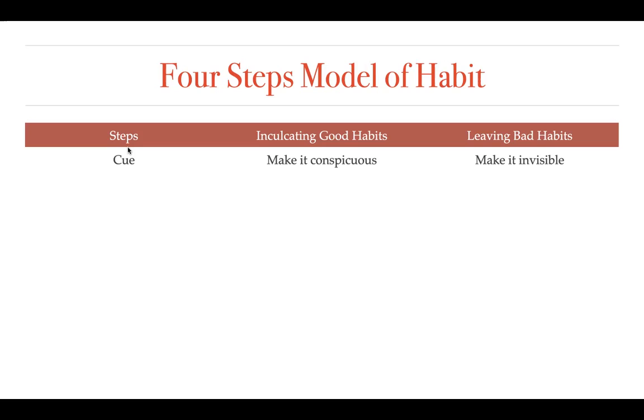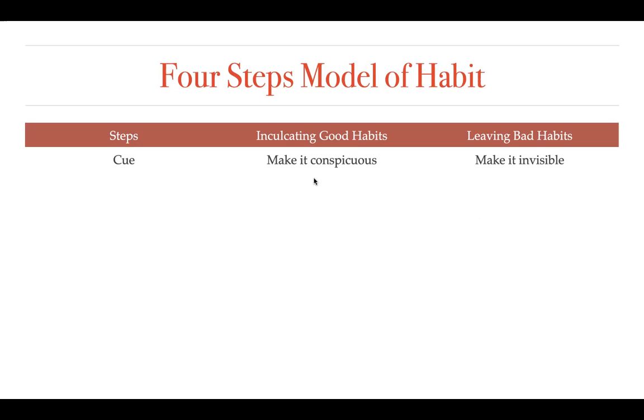Make it conspicuous. It should be very easily accessible. And if you want to leave bad habits, you make it invisible. Let's say you want to leave the habit of smoking. You arrange that either your lighter is 1 kilometer away from you, or your cigarette pack is 1 kilometer away from you. Okay, so that will be difficult to reach. Yes, exactly.